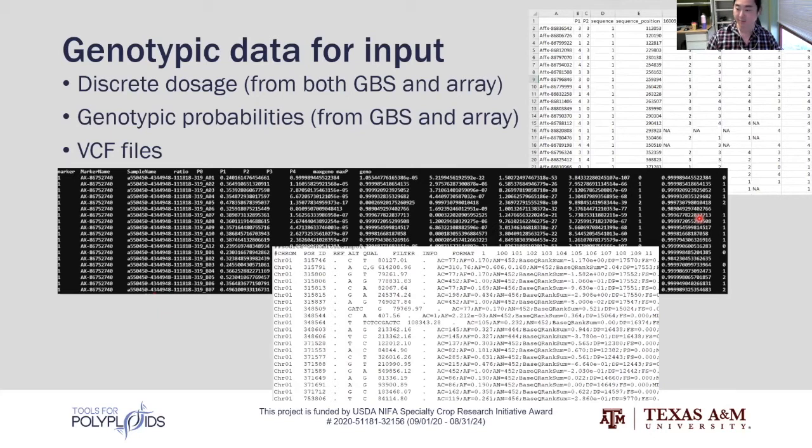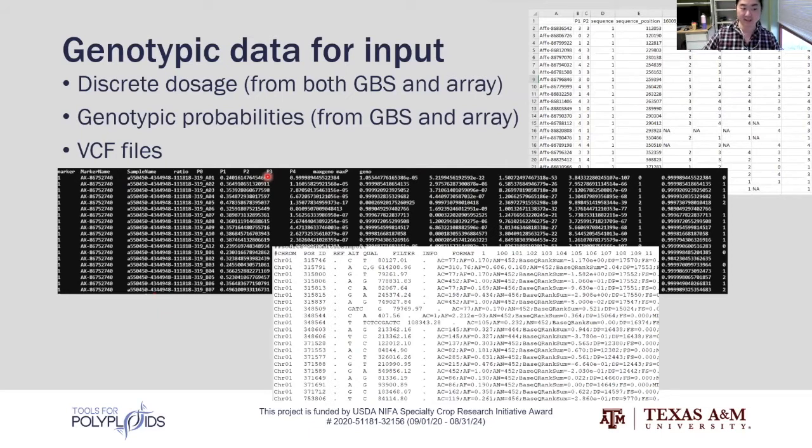One big difference, actually mentioned in, I believe, the PolyMapper vignette, is that discrete dosages, as seen up here, are just one number per marker per individual, and the input files are much smaller than genotypic probabilities, which give a probability of each dosage. So those files will be a lot larger because there's a line for every marker and sample combination, and also there are probabilities associated with every single dosage.